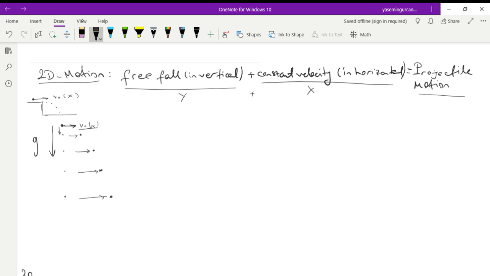Only it's going to be sustaining that initial horizontal velocity at all times because there is no force to change that velocity in the horizontal direction. So it's going to be moving horizontally with this constant velocity that you gave at the beginning, okay? So it's going to look like something like this, which we call a projectile motion.